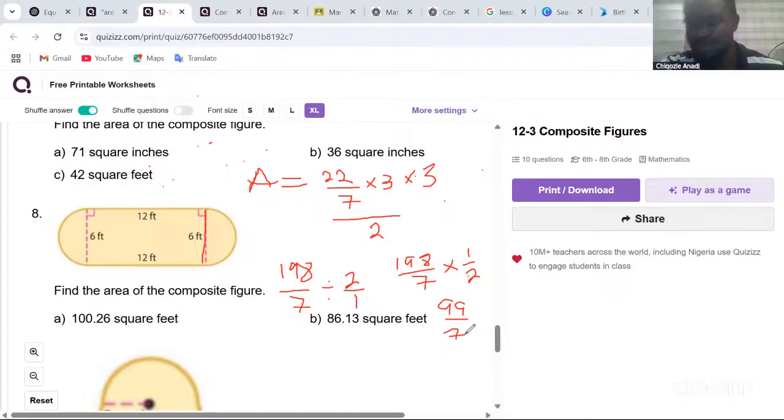It'll give you 14.1. 14.1, correct. Very good.